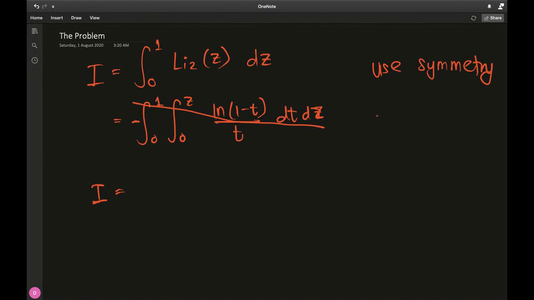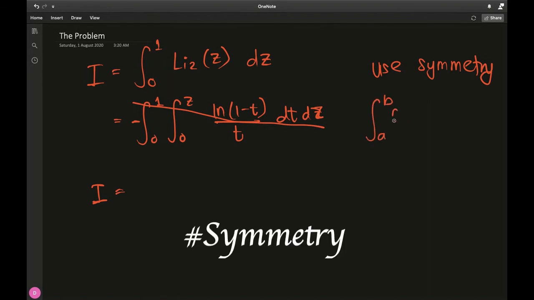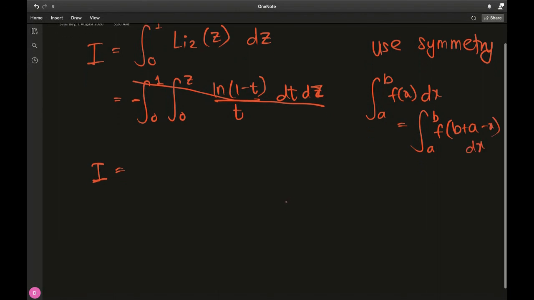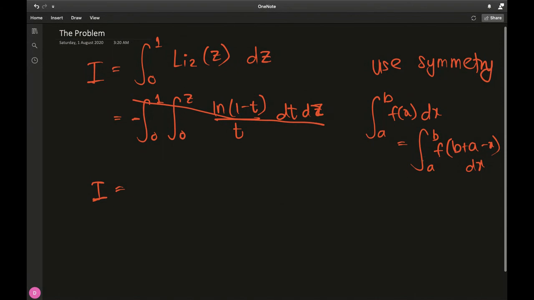So for using symmetry, say if you have the integral from a to b of f of x dx, that is going to be equal to the integral from a to b of f of b plus a minus x dx. Upper bound plus lower bound minus x. So if we use this fact on this dilogarithm, we'll have the dilogarithm of 1 plus 0, which is 1, minus z dz, and that's still I, the same integral.